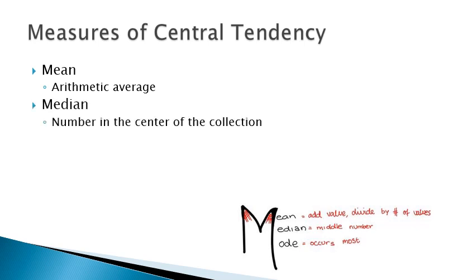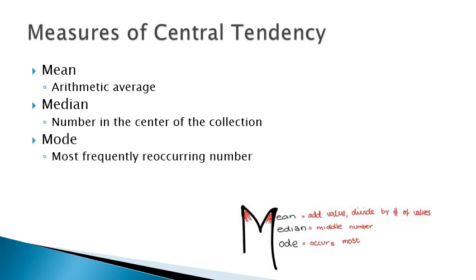The median is the number in the center of the collection. How would I get the median age of everybody in the class? I would take everybody's age, sort them from lowest to highest, and count into the center. Whatever number is in the center of the collection would be my median. If there are two numbers in the center, an even number, then I would take those two numbers, add them up, and divide by 2, and that would give me the median.